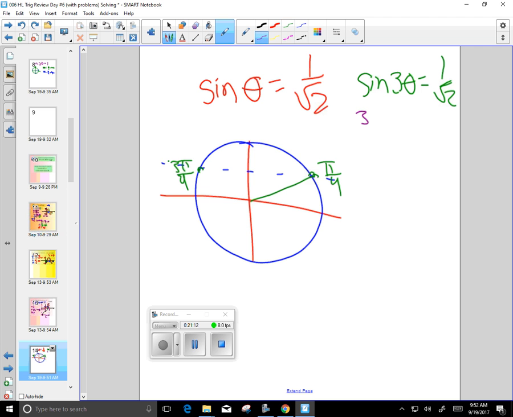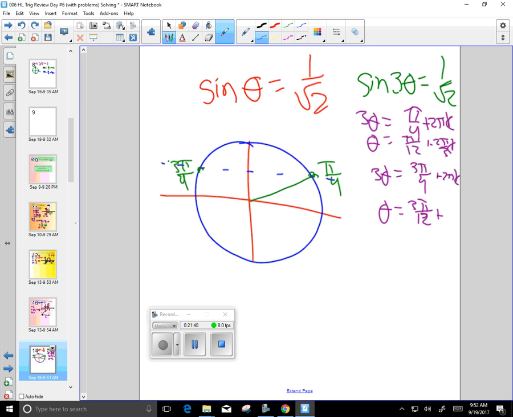Well, we have 3 theta equal to pi over 4, and we had 3 theta equal to, what is it, 3 pi over 4? Add 2 pi k, add 2 pi k, divide by 3, you get pi over 12, plus 2 pi k over 3. What was this one? 3 pi over 12, or pi over 4, plus 2 pi k over 3.